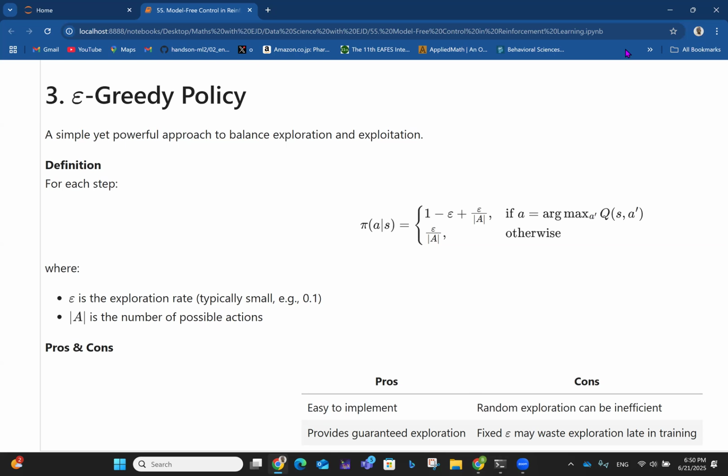So it could be 0.1, which is 10 raised to the power minus 1, or 0.01, or 10 raised to the power minus 2, or 0.001, which is the same thing as 10 raised to the power minus 3. So a small number, but positive, right? And the absolute value of A is the number of possible actions. So that's the A you're seeing in this expression right here for that policy.